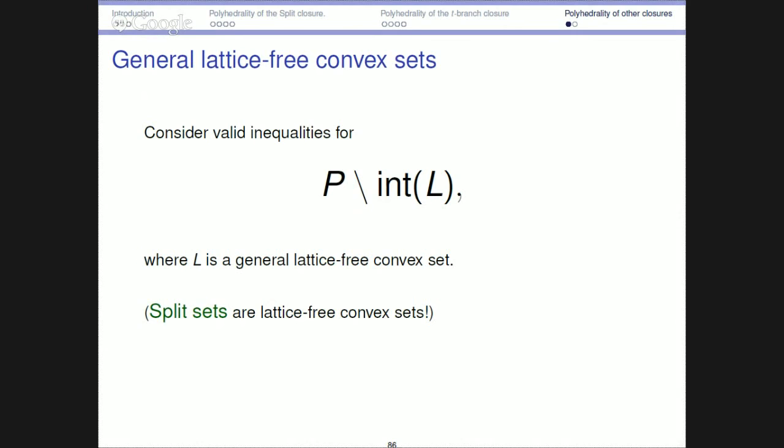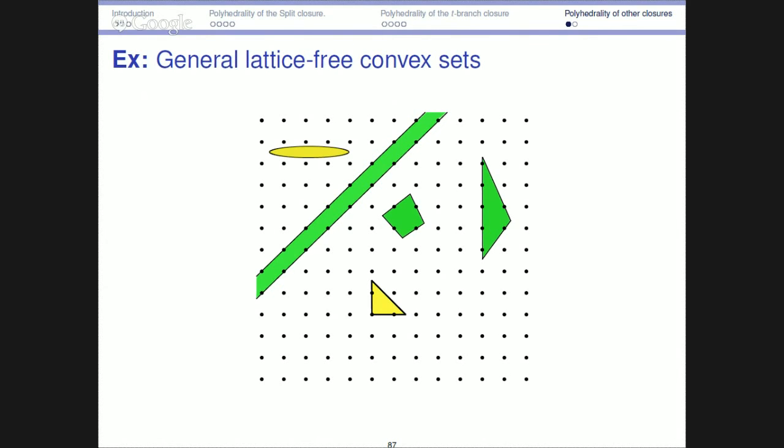So remember that we start finding split cuts by finding valid inequalities for P minus 1 split, but you can do the same for every set that doesn't contain any integral point. If you remove from P a set that doesn't contain any integral point, then you will not remove any integral point, right? So what are these lattice-free sets? You have the splits that in the interior don't have an integral point, so you remove them from P to obtain a valid relaxation, or you can consider any other kind of lattice-free set.